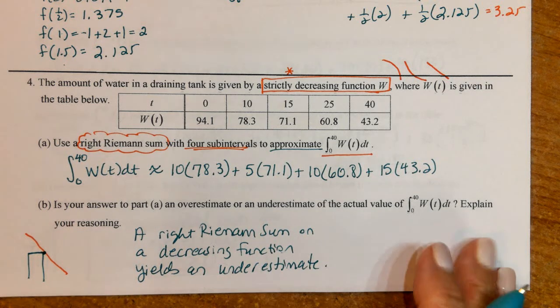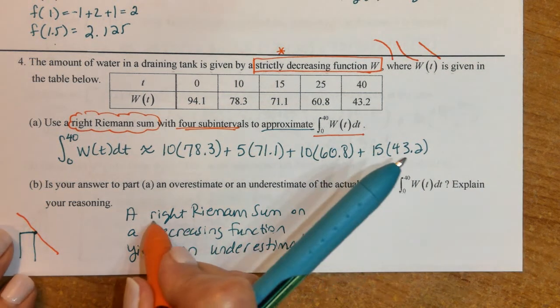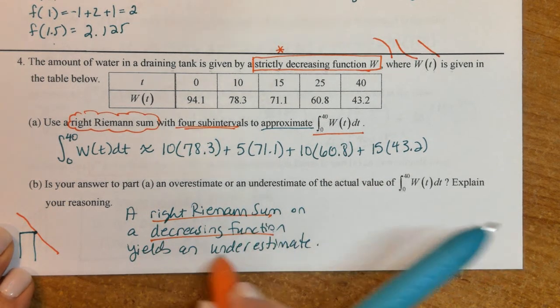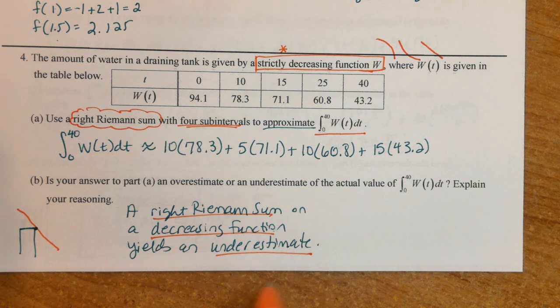Don't describe anything. Don't say, as shown in my picture on the left. Don't say anything like that. Keep it very brief. Right Riemann sum, decreasing function, underestimate. But put it in a logical sentence. Okay? You can't just write those three things and call it good. Explain means to explain, but this is a perfect explanation.